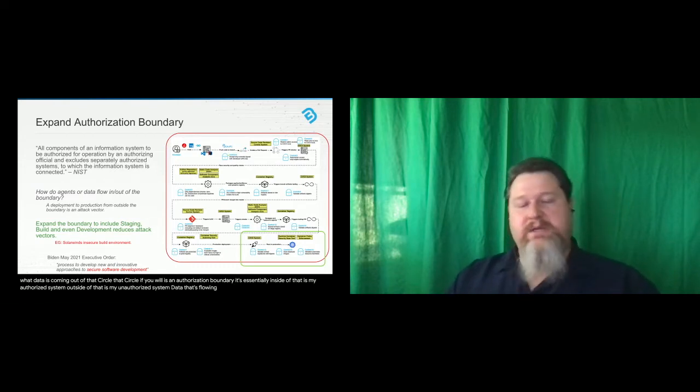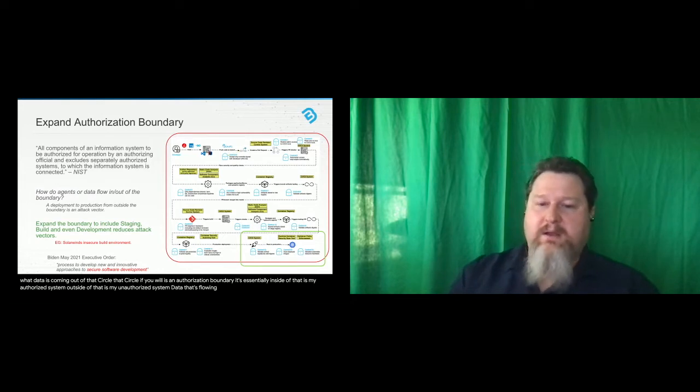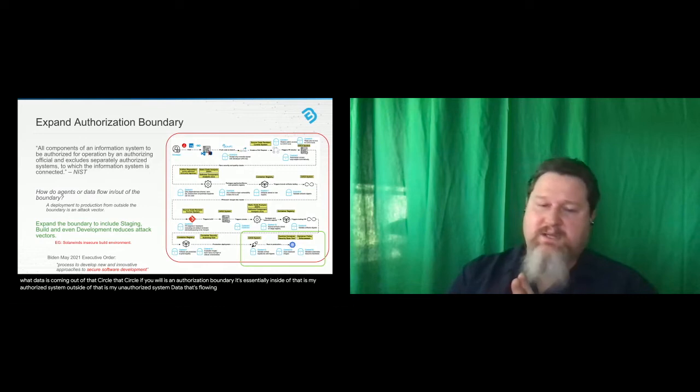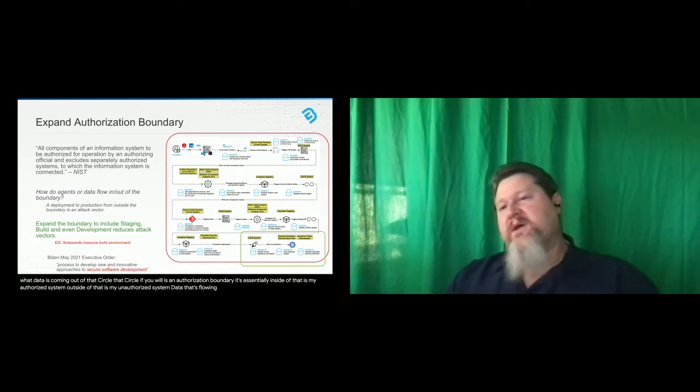So historically, with FedRAMP and other programs, the real focus has been on production. That's the green area of this process here that's circled in the bottom right-hand corner of my slide. But the bigger picture is, can we extend that authorization boundary?